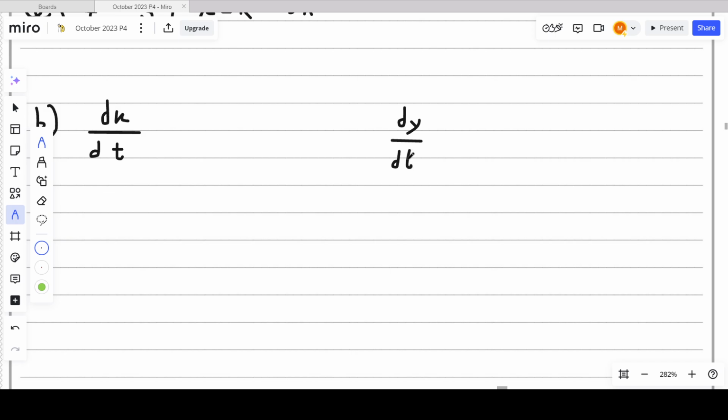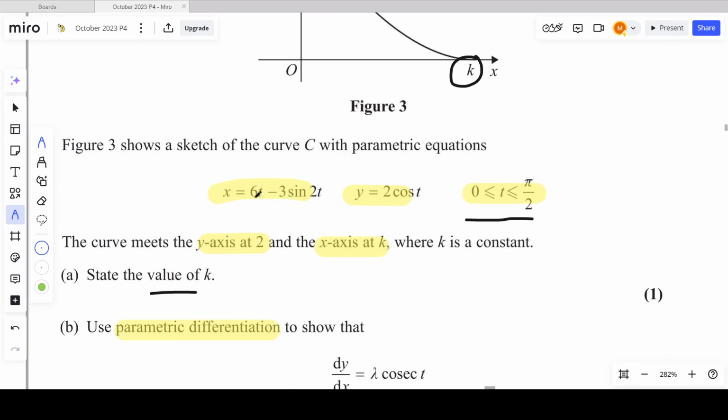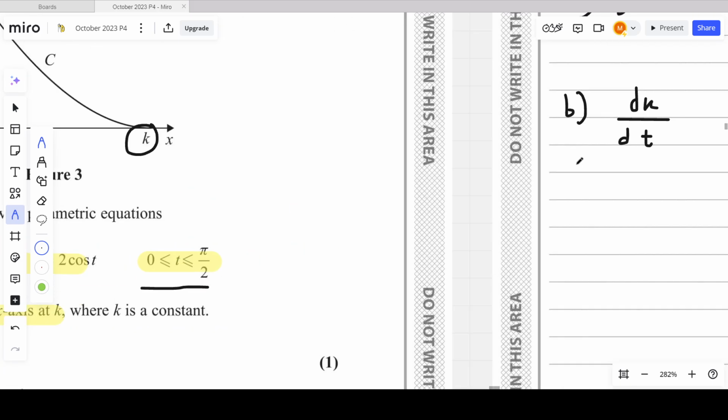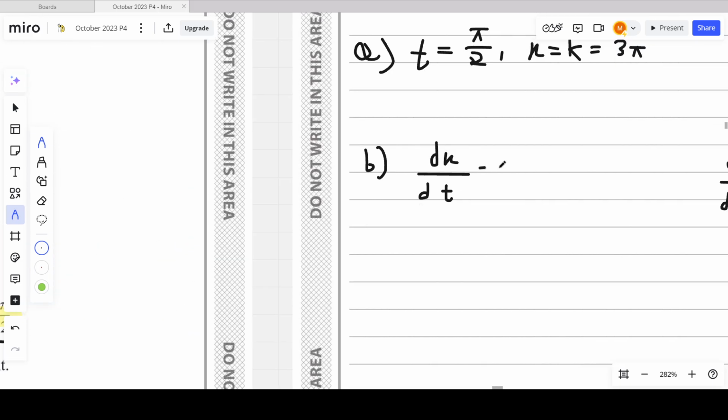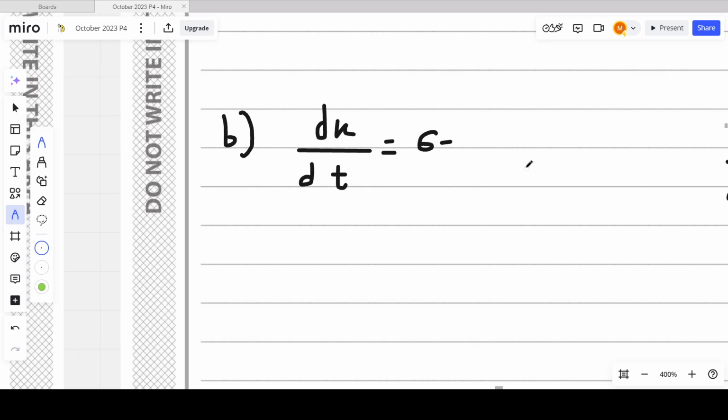Let's differentiate the x parameter. The derivative of 6t is 6, minus the derivative of 3 sine 2t, which is 3 times 2 cos 2t, that is 6 cos 2t.